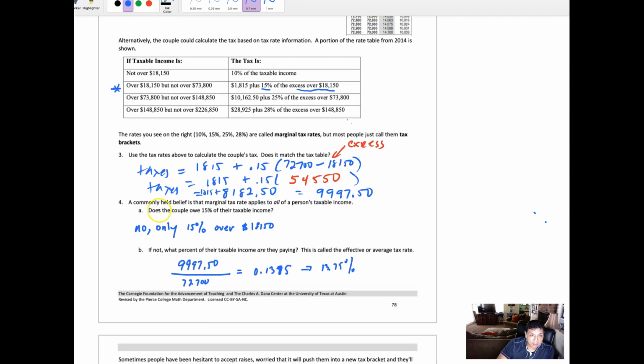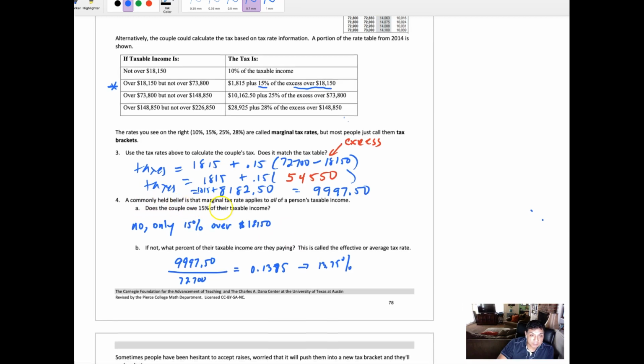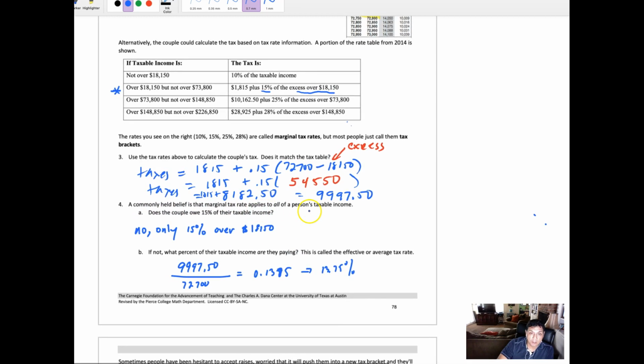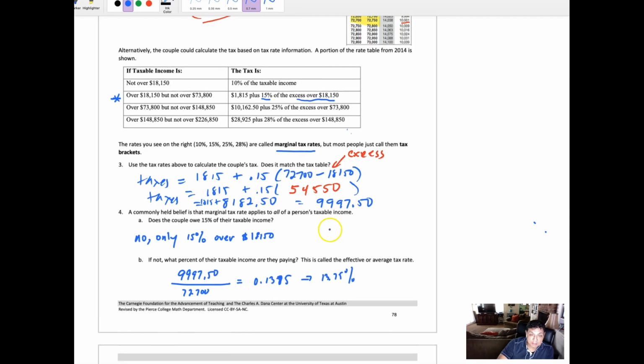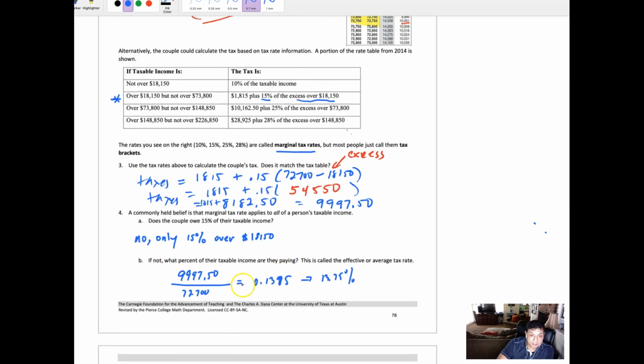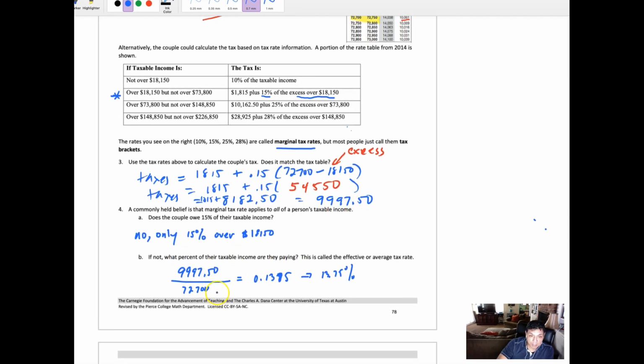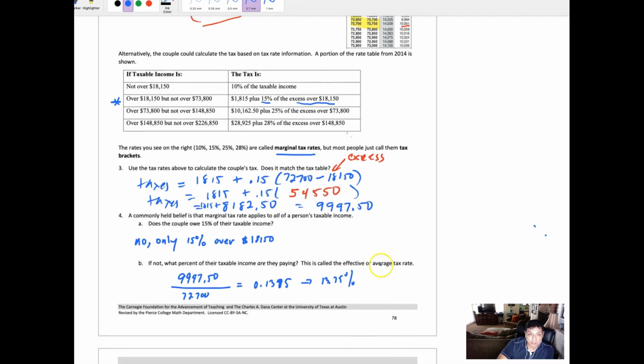A commonly held belief is that the marginal tax rate applies to all of a person's income. It doesn't. Marginal tax rates apply only to the excess, how much is more than the threshold. In this case, how much did this couple actually pay in taxes? You take the amount they're supposed to pay, divided by 72,700, and you get 13.75%.